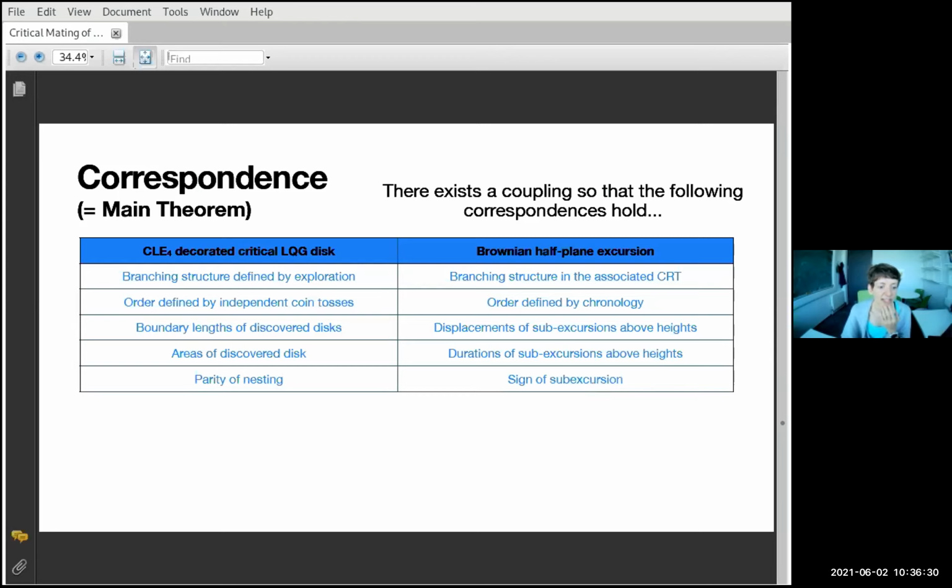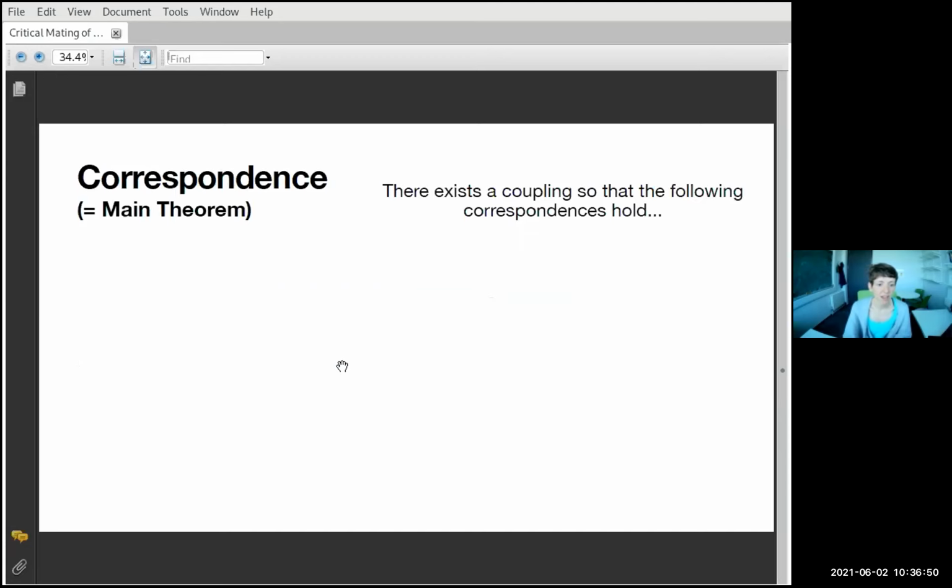So in our CLE4 picture, because we have nested loops, then we have a notion of parity of nesting. You know, a loop can be even if it's surrounded by an even number of loops, or odd if it's surrounded by an odd number of loops. Okay, and in fact, there's an analogous thing in the Brownian half-plane excursion.